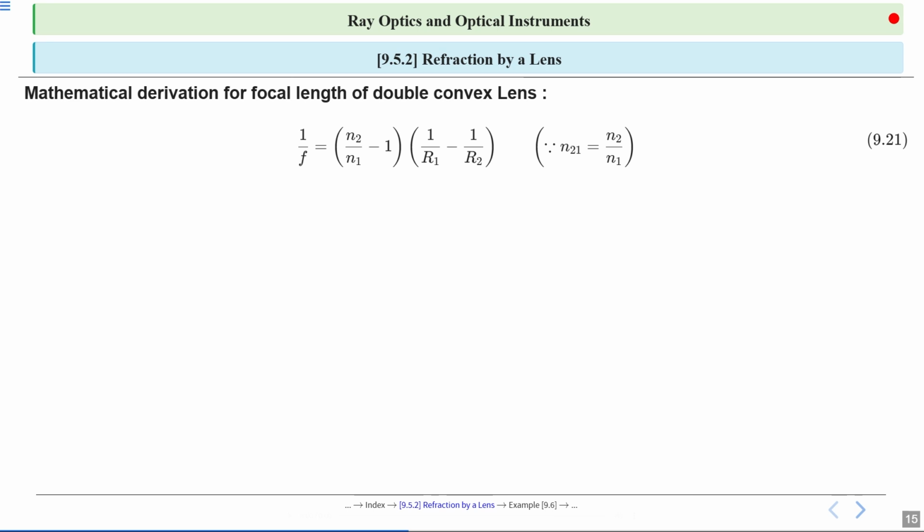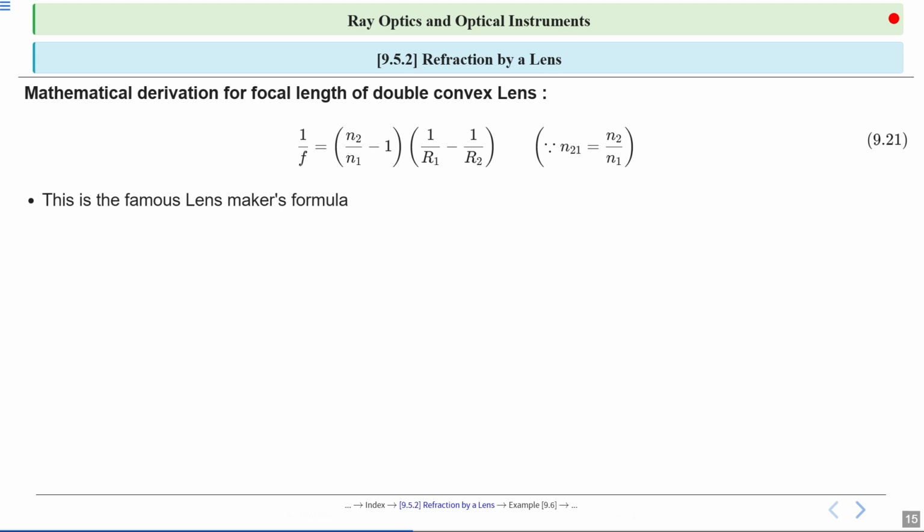The refractive index of the second medium with respect to the first medium. We can write it as N21. So 1 upon F equals N21 minus 1, into 1 upon R1 minus 1 upon R2. Mark it as equation 9.21 again.